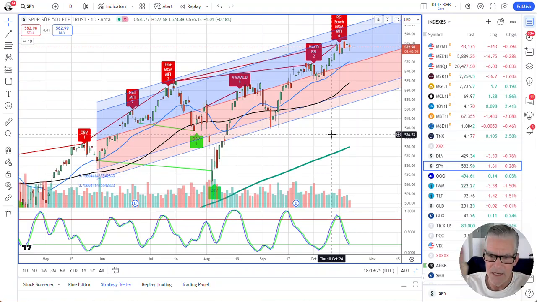And if it detects divergence, that is to say maybe a higher price high but a lower indicator high, that's a bearish divergence, obviously, or a lower price low but a higher indicator low, that is bullish divergence.